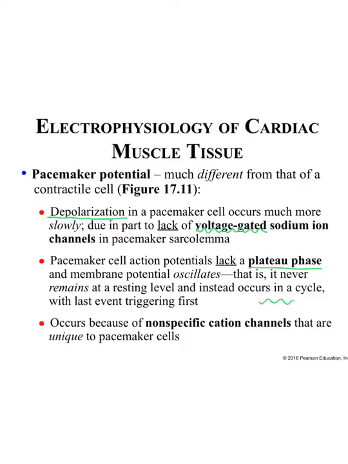It goes a little bit up and down. It never remains totally at resting level. It's in a cycle, so the end of the first cycle initiates the beginning of the next, and it's just a repeated event. We do have cation channels, but we're not really specific about which ones, and these are only found in these pacemaker cells.